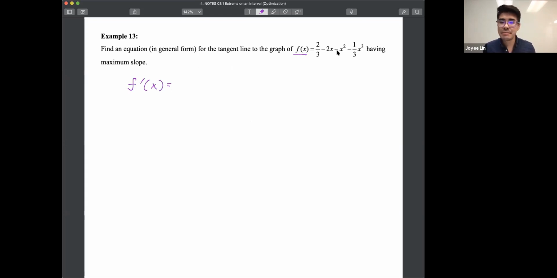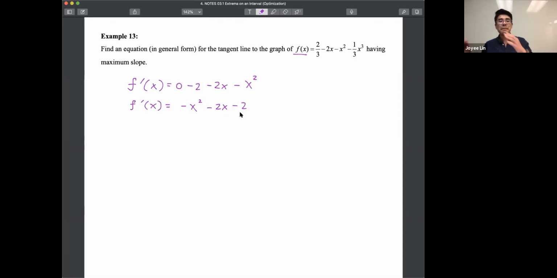This term is gone, it's 0, minus 2, minus 2x, minus 3 times 1/3 is 1, x squared. So this is my slope equation. Reorder to make it look prettier.